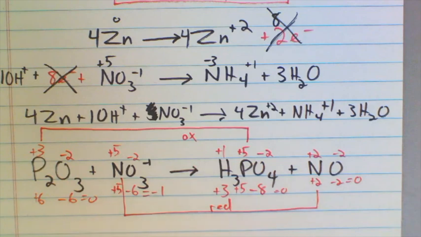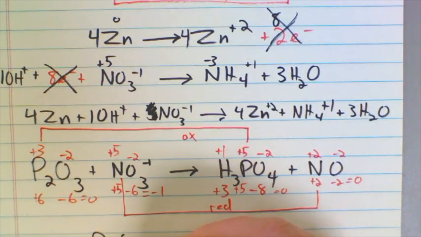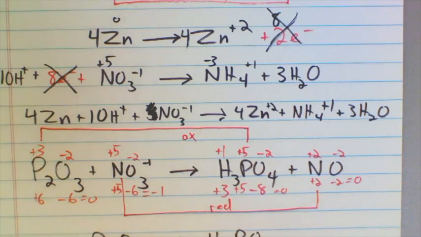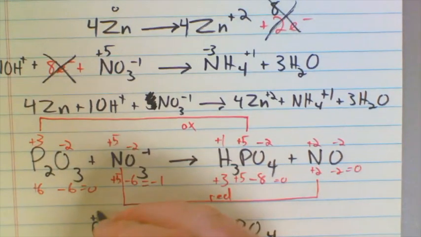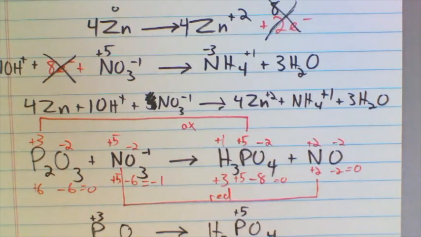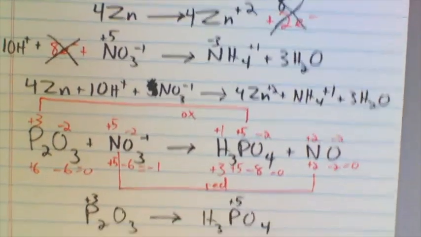Okay, let's rewrite them. Remember, again, you only need the oxidation numbers of the elements that are being oxidized or reduced.